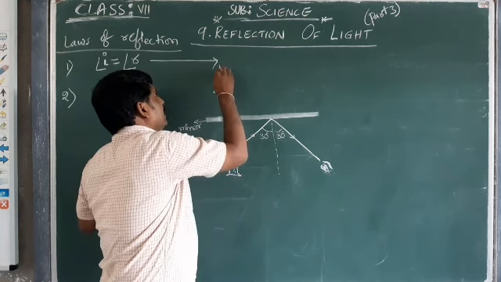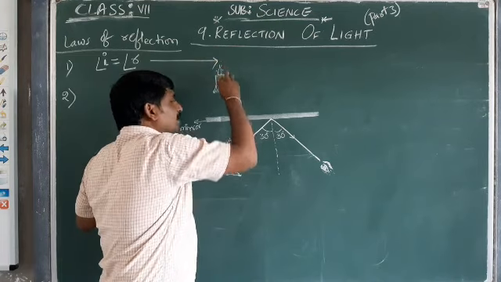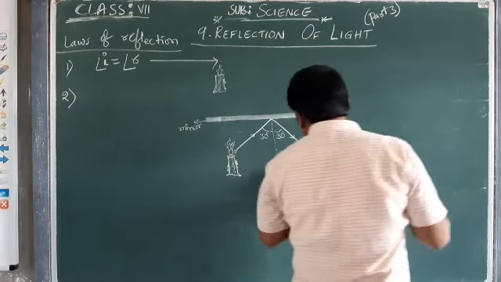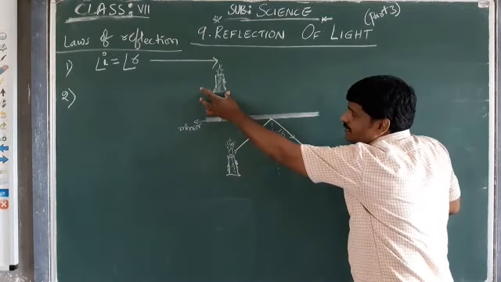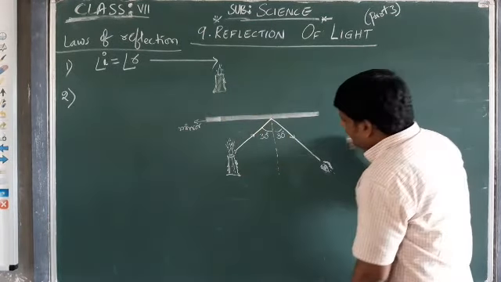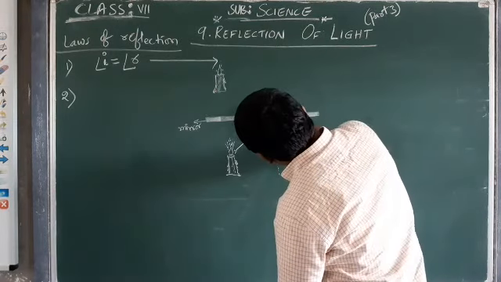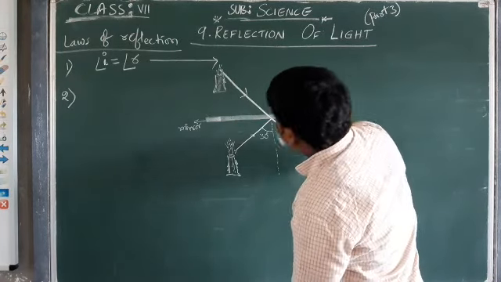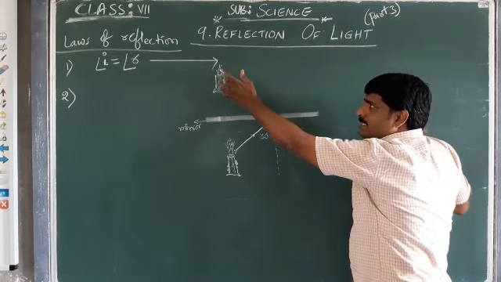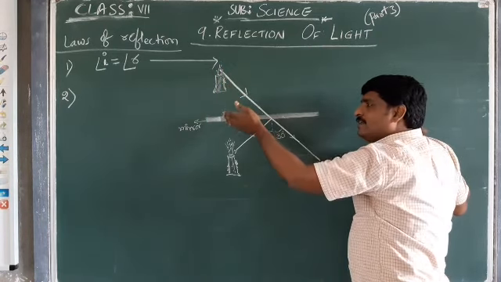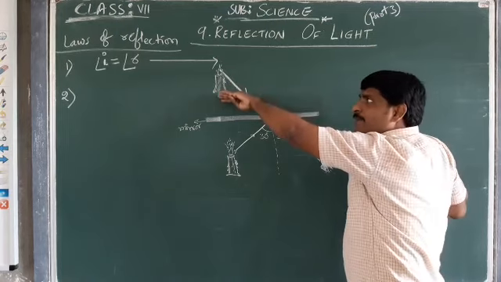Okay, the image of the candle will be seen here. If the original candle is here, the image of the candle is here inside the mirror. It looks like the light ray is being emitted from the candle, which is being observed in the mirror.